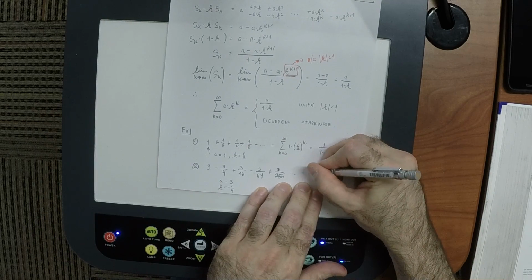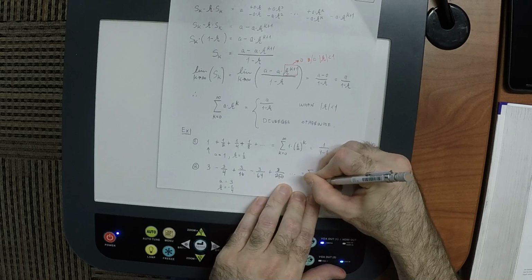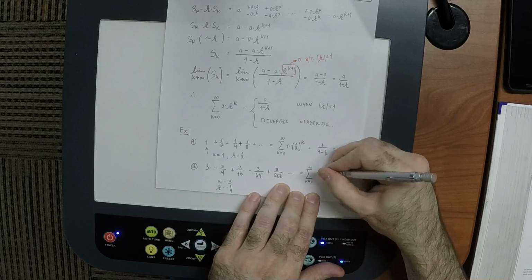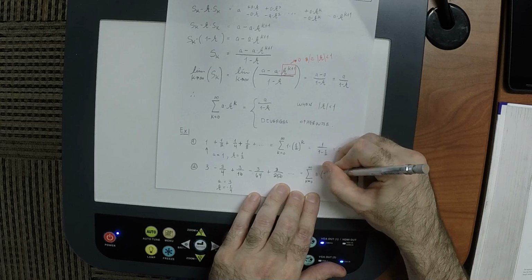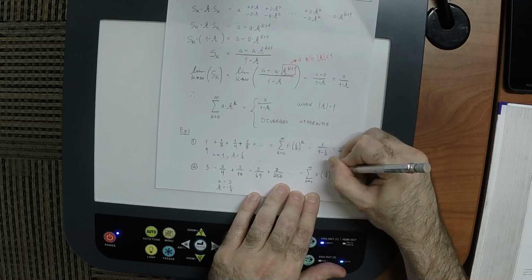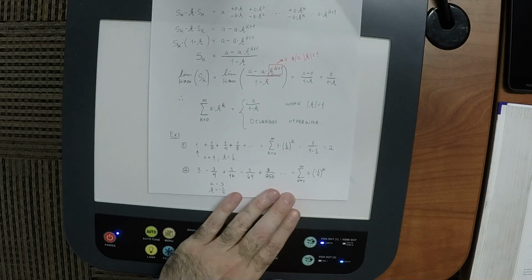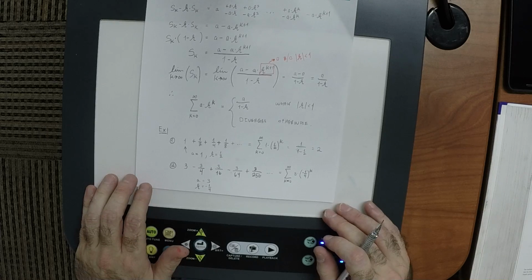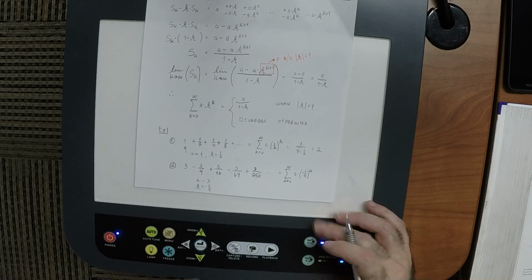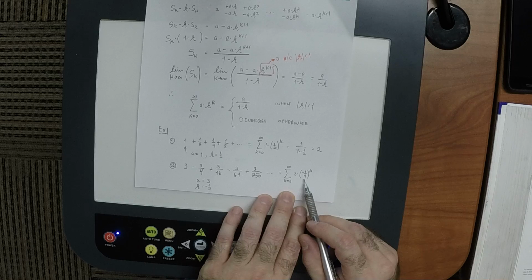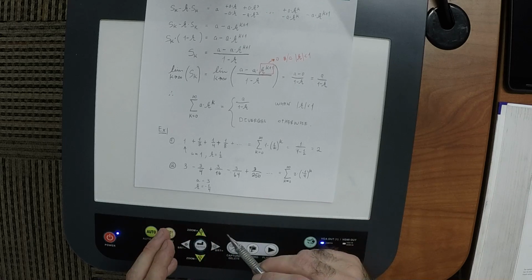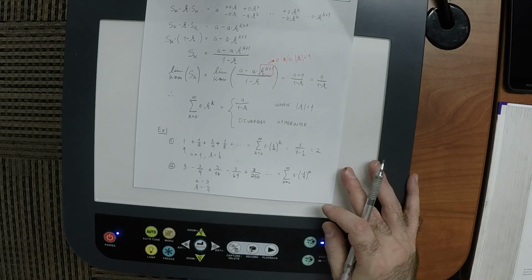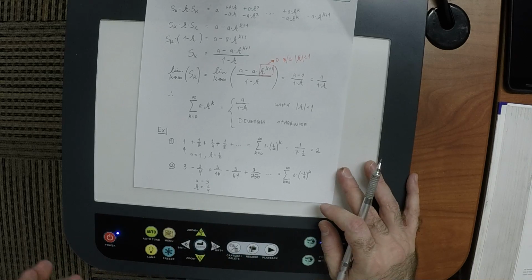So this is a geometric series. This would be 3 multiplied by negative a fourth to the exponent k. Is it a convergent one? Yes. What is the condition for convergence? Right, absolute value of the ratio less than 1. Well, the ratio is negative a fourth. Absolute value of that is a fourth, and that's less than 1.